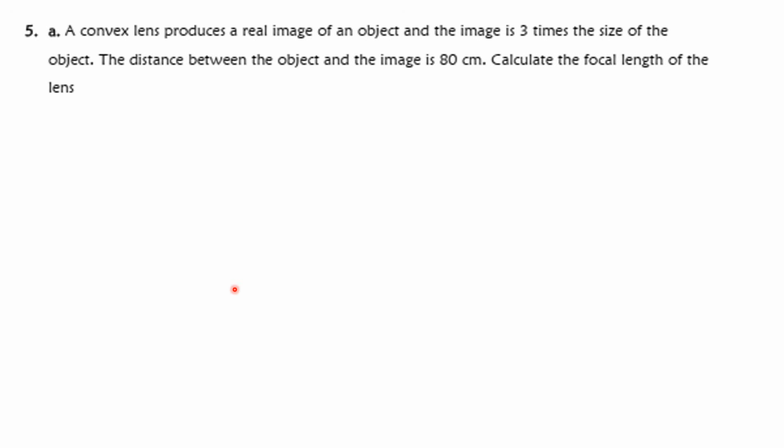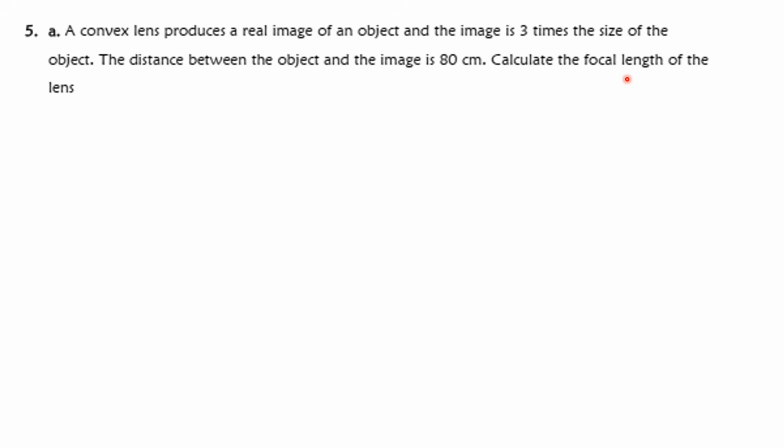Pay attention. A convex lens produces a real image of an object, and the image is 3 times the size of the object. The distance between the object and the image is 80 centimeters. Calculate the focal length of the lens. So just to put this in context, we have a lens, a convex lens.